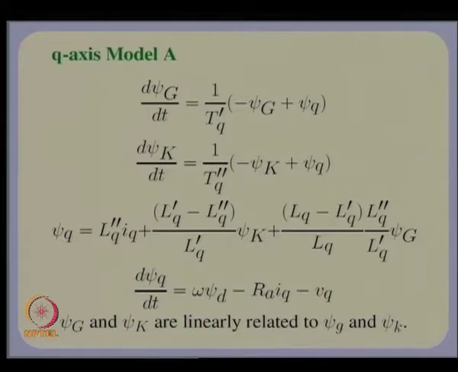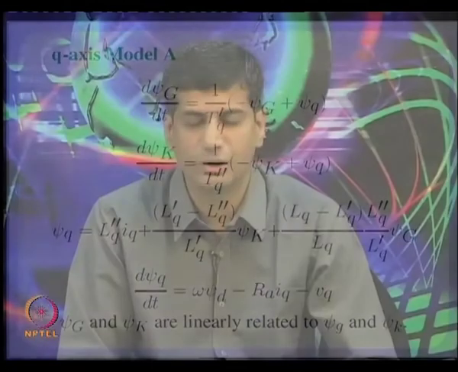In this particular state space model, I have also written down the differential equation for d psi q by dt. So, just to make things a bit clearer, I will indicate the steps you need to go through to verify that model A indeed gives you the transfer function which I had just shown you some time back.